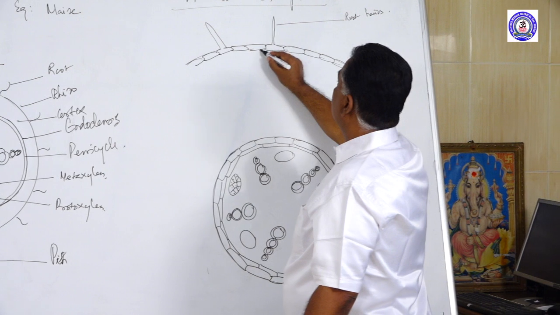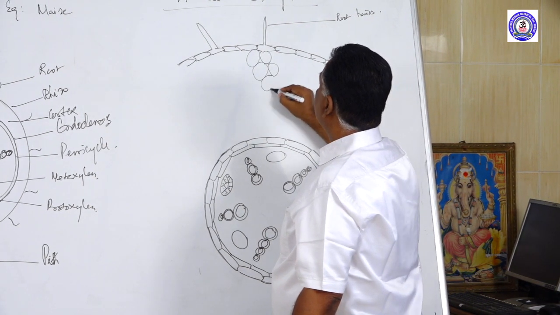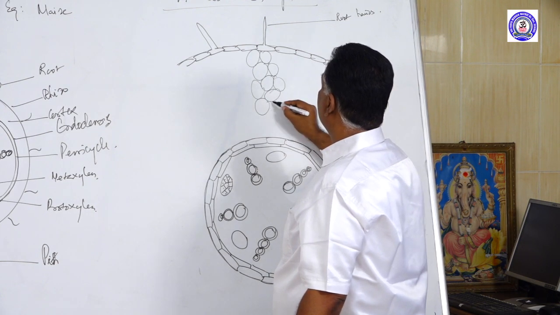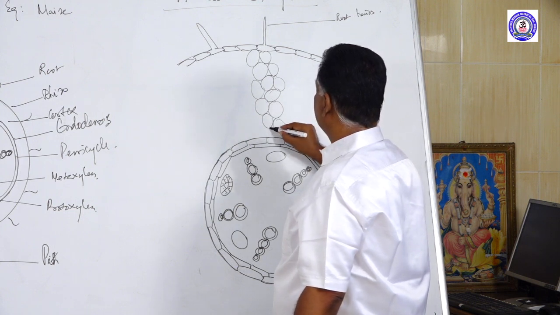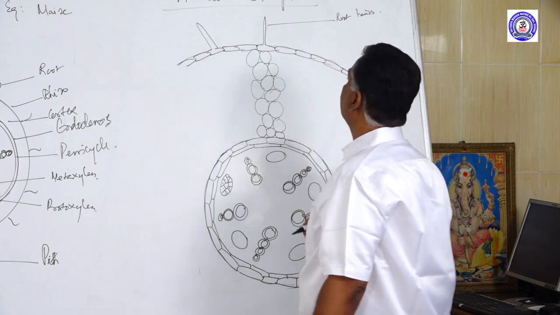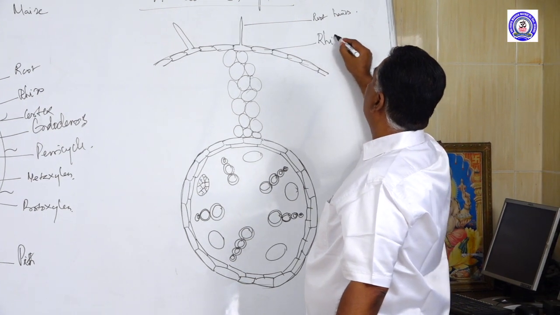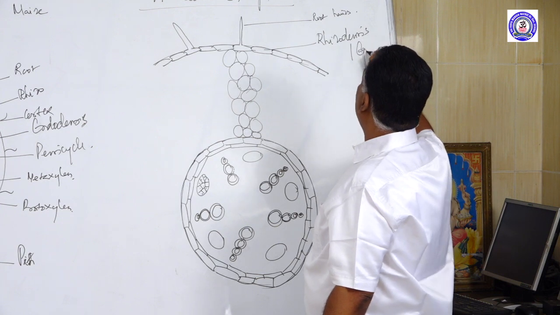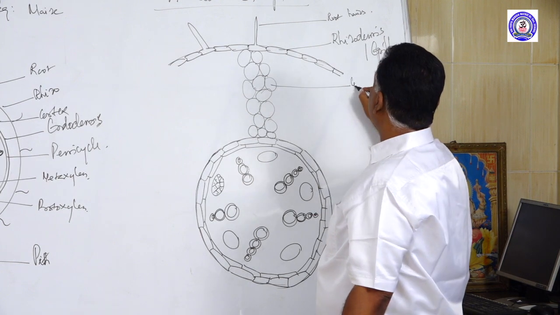And here the cortical cells, cortex, rhizodermis or epiblema. Then cortex, this is cortex.